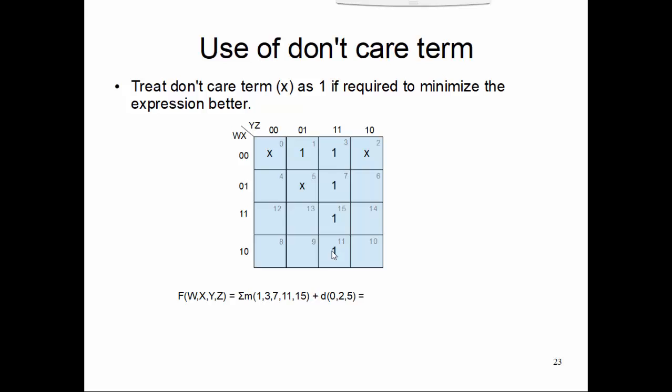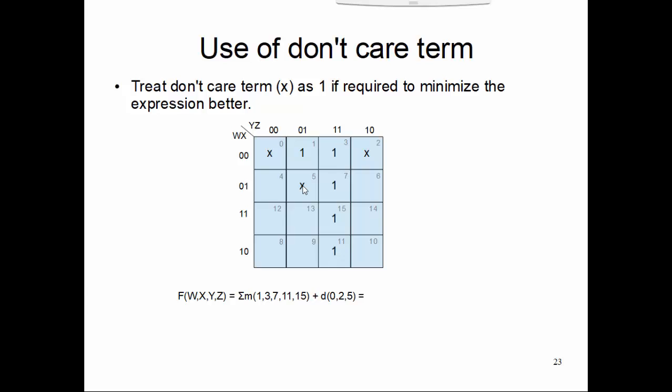So we make a don't care term and we treat it as one if and only if it helps me to create a bigger group. We do not need to treat them as one, but we may treat them as one if and only if it helps me to make the group bigger.